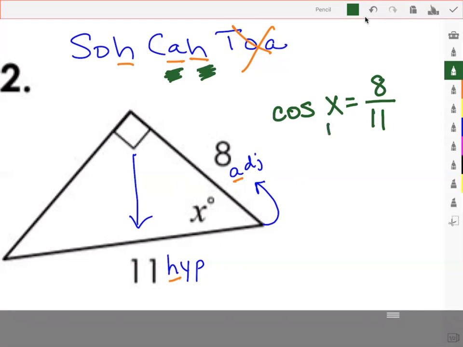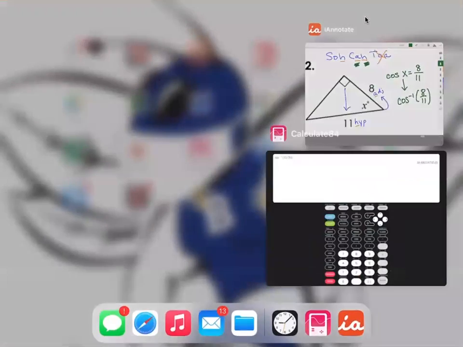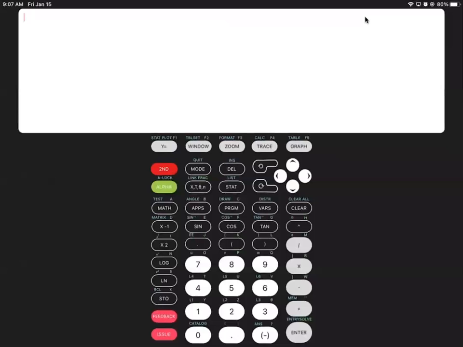Okay, so to find the inverse, I do cosine to the -1 and then my ratio. So the inverse of cosine for 8 out of 11. So second cosine, 8 over 11. And I get 43.3.